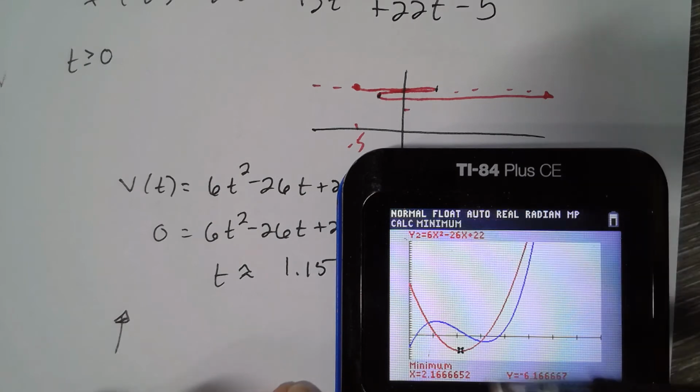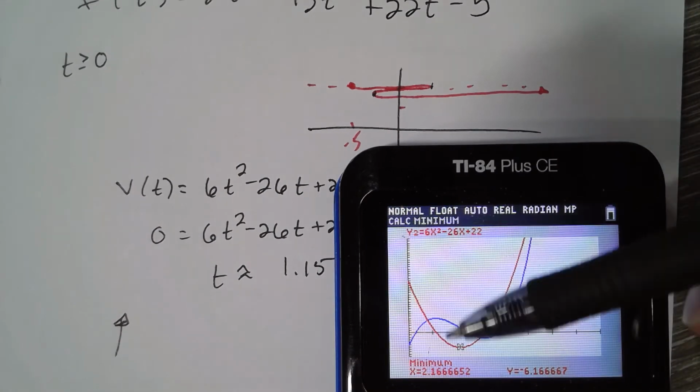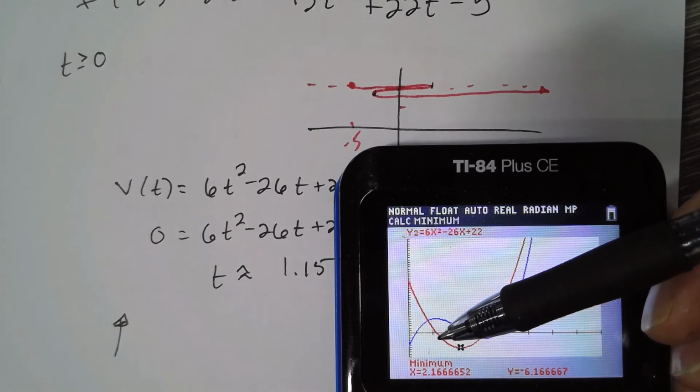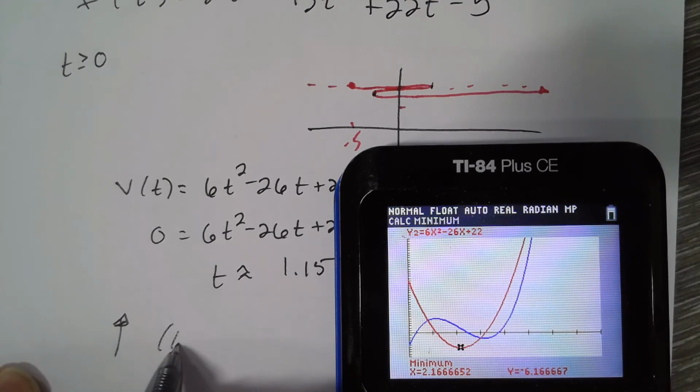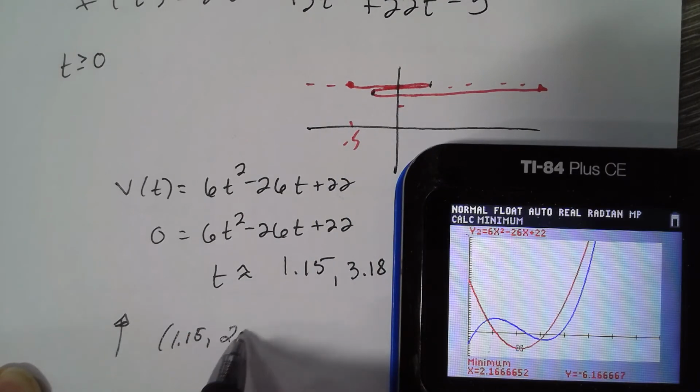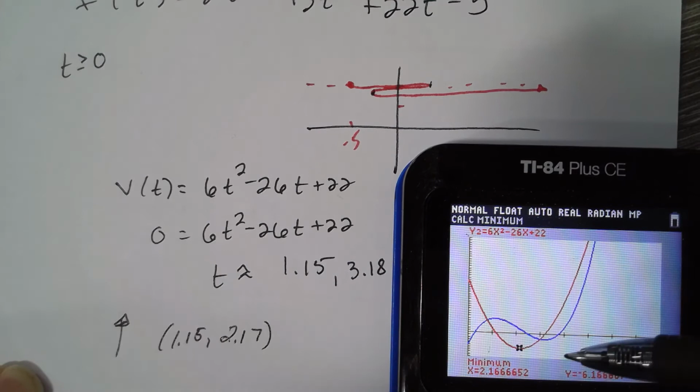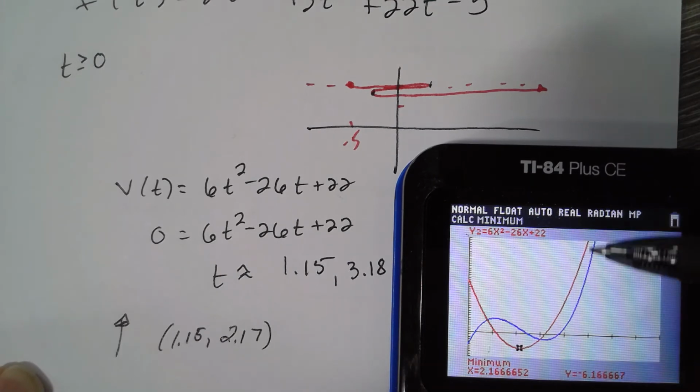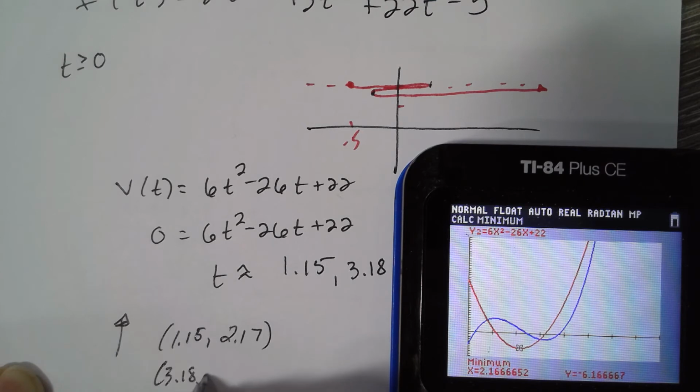So the x is 2.17 at that point. So it speeds up from 1.15 to 2.17, and then it's going to speed up after this, so that is at 3.18 to infinity.